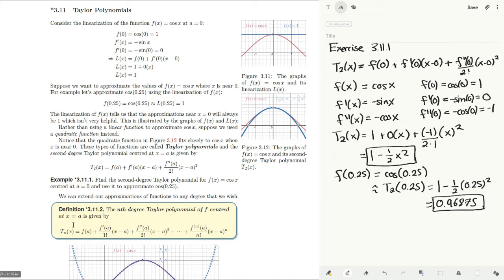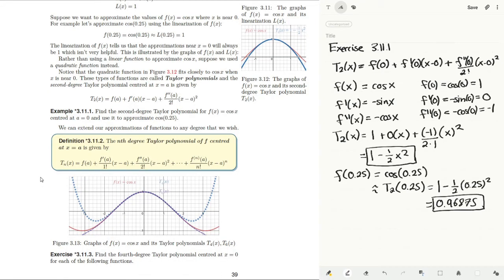So in the general form, it is f of a plus f prime of a over 1 factorial times x minus a plus f double prime of a over 2 factorial times x minus a squared. And we continue in this pattern until we end up with the nth derivative of f evaluated at a over n factorial times x minus a to the power of n.